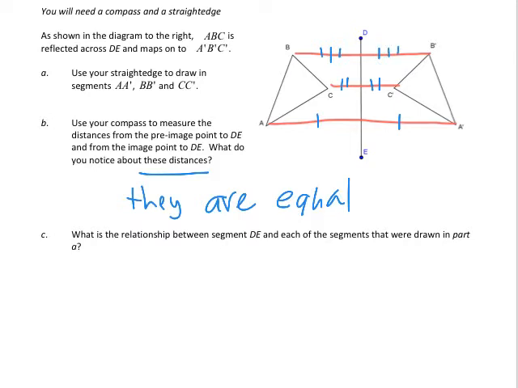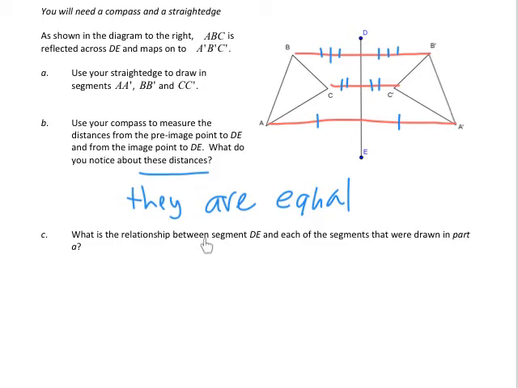Then if you take a look at what the angle would be between the line of reflection and these lines, again, I was supposed to use a straight edge here. It looks like these are going to be 90-degree angles, and in fact that is true: the line of reflection is always going to be perpendicular to the segment that connects an image to its pre-image.